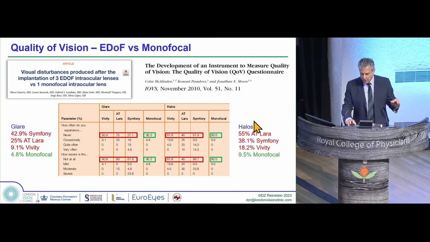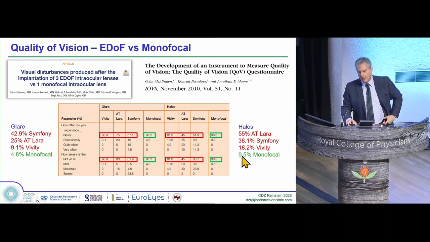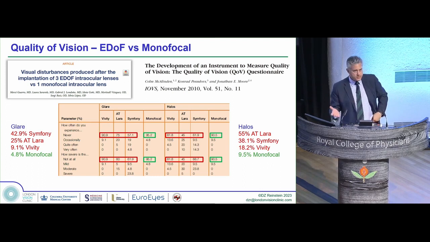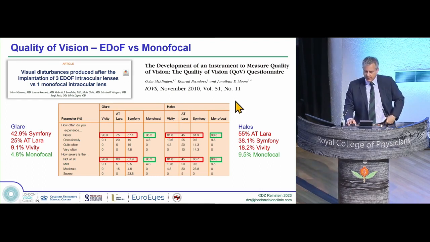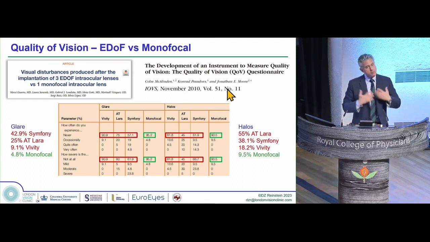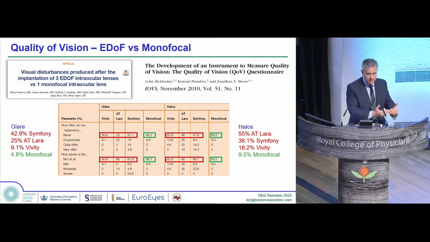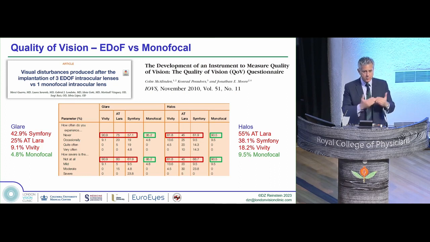And if you look at halos, Lara, Symphony, Vivity, less in the Vivity, but the monofocal, of course, performs the best, obviously. So these are actual numbers in an actual study on human beings, on an actual validated questionnaire. I would like to go with this kind of evidence when I'm giving informed consent to patients, because it's real.